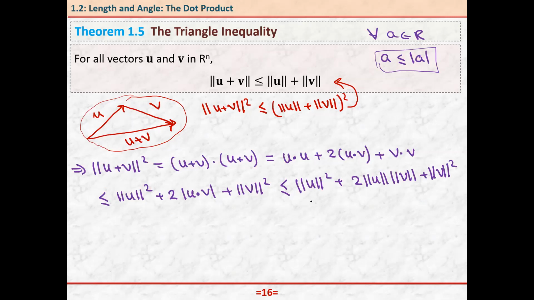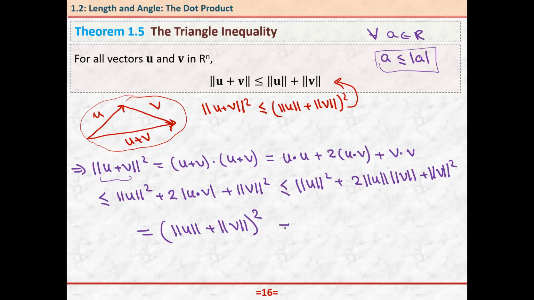Now what we have here, a squared plus 2 times a times b plus b squared, is just a perfect square. That's simply equal to the norm of U plus the norm of V, squared. Because of this inequality sign, this implies that the norm of U plus V squared is less than or equal to this.